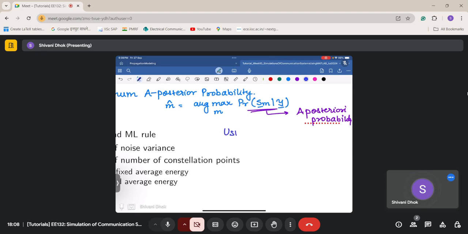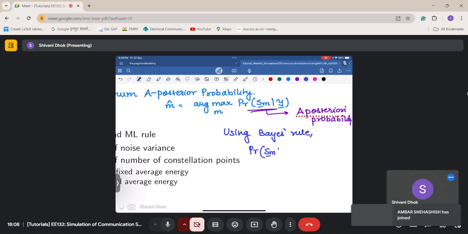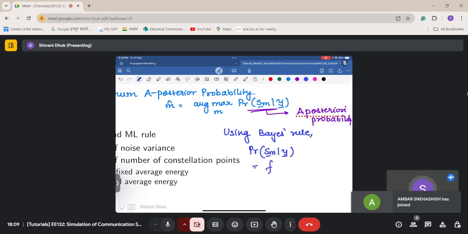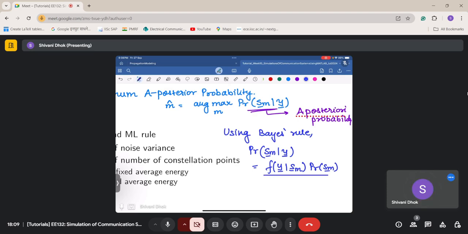Using Bayes rule, the probability of s_m given y is equal to the PDF of y given s_m was transmitted times the probability that s_m was transmitted, divided by the PDF of y.